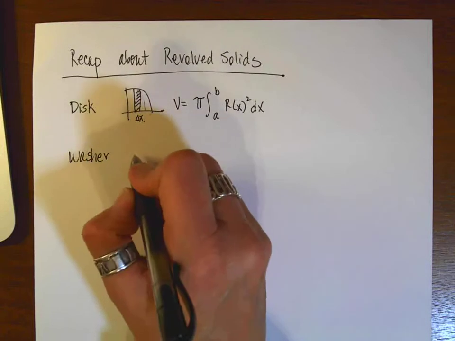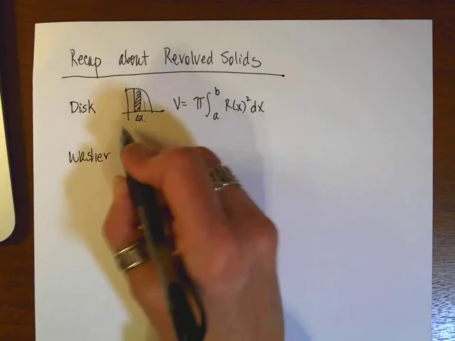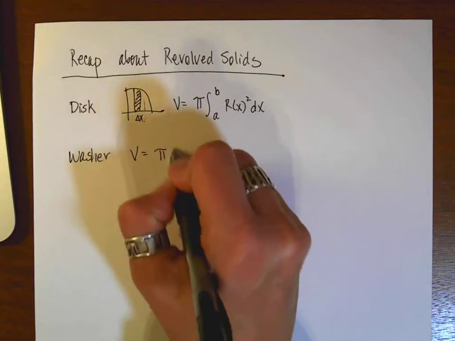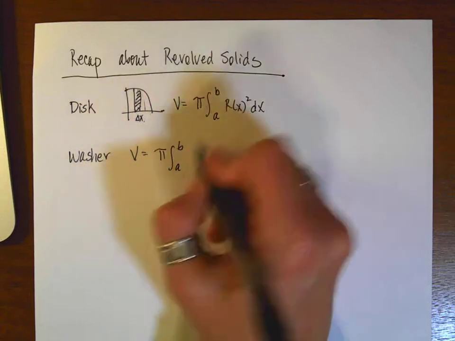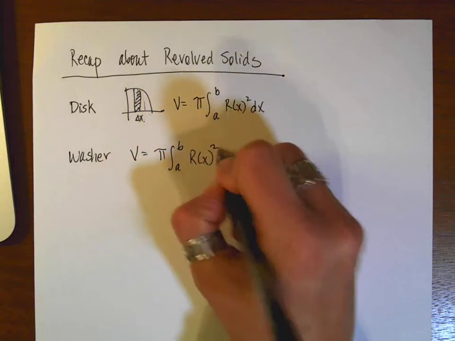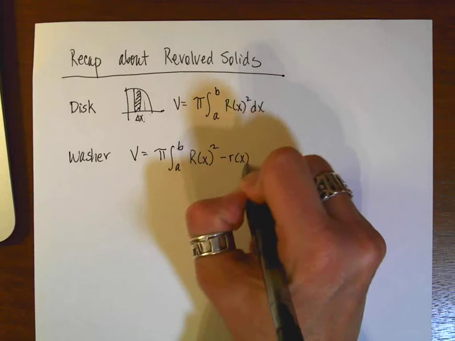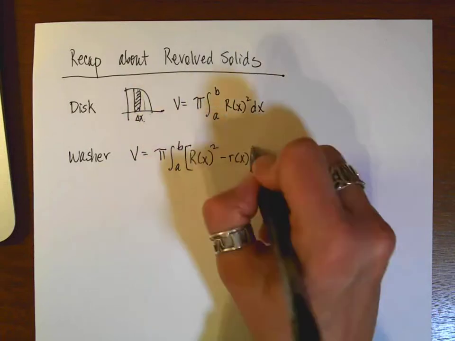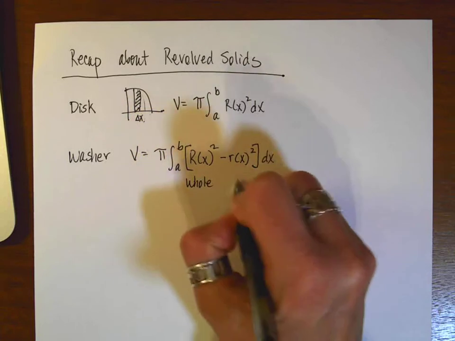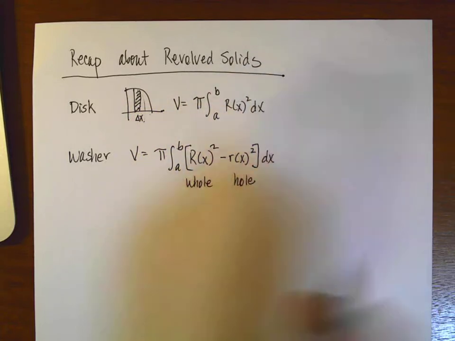The second one is when we start introducing holes and creating a bit of a problem child, right? So my volume is going to be, it's still a disk, but now it has a hole in it, which is why we call it a washer. And then it's going to be from A to B of the whole squared minus the whole squared dx.